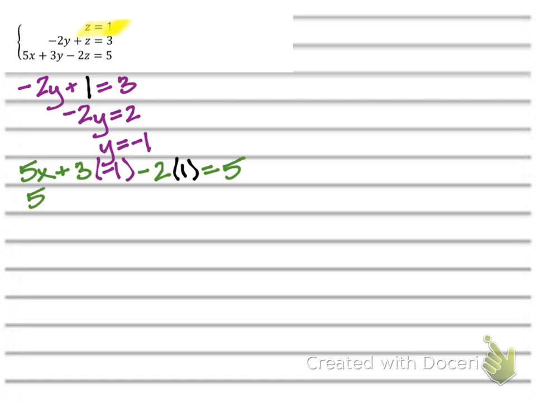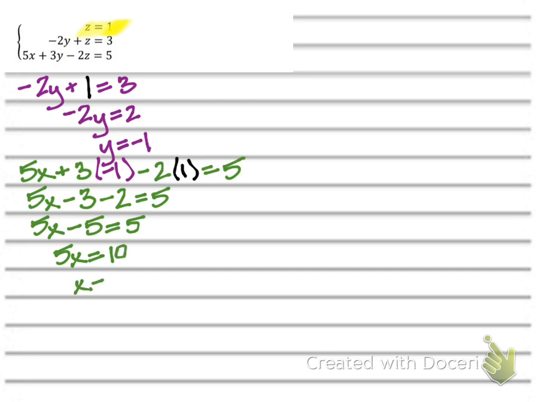So 5x minus 3 minus 2 is 5. 5x minus 5 is 5. That's like the same ending equation we got a minute ago, isn't it? Add 5 to both sides, so 5x is 10.